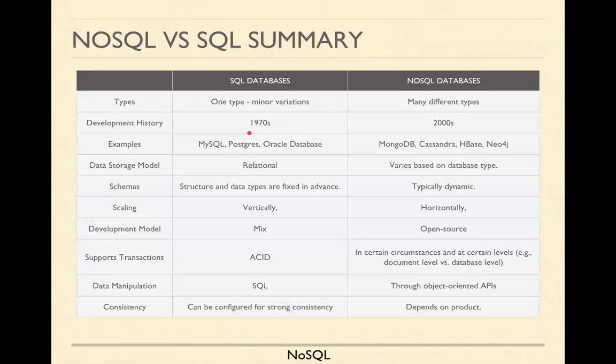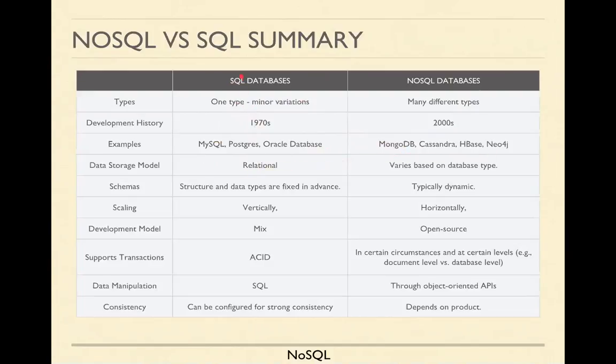All right, so this is a typical comparison between SQL databases and NoSQL. SQL databases have been there for quite some time, they are 30 years older than NoSQL. Examples of SQL databases are MySQL, Postgres, Oracle, and NoSQL ones are MongoDB, Cassandra, HBase.